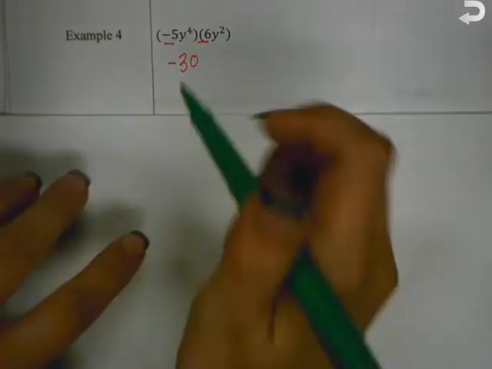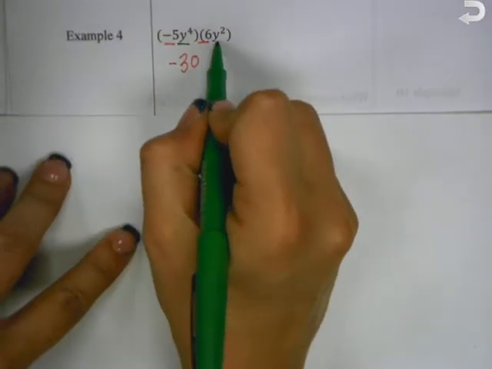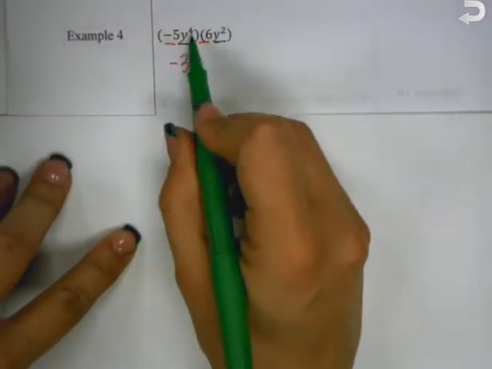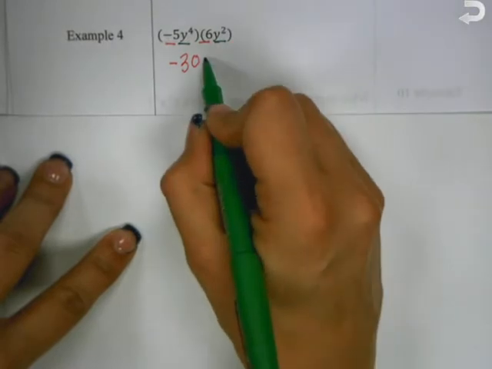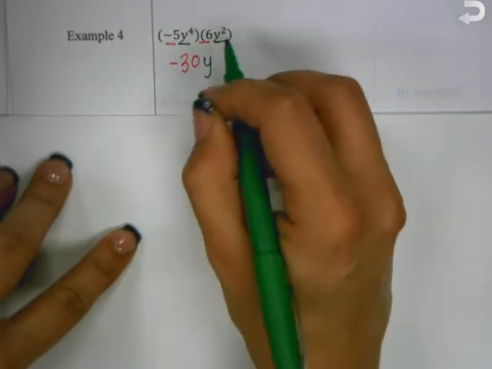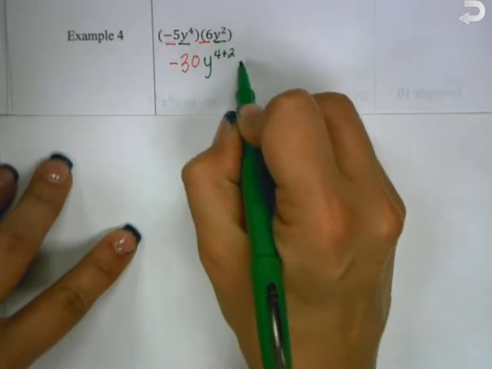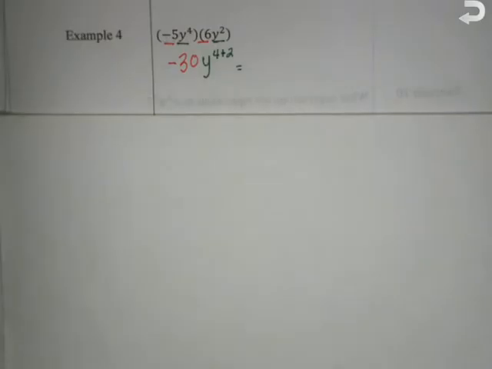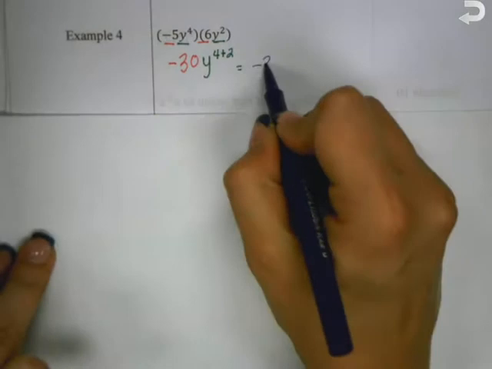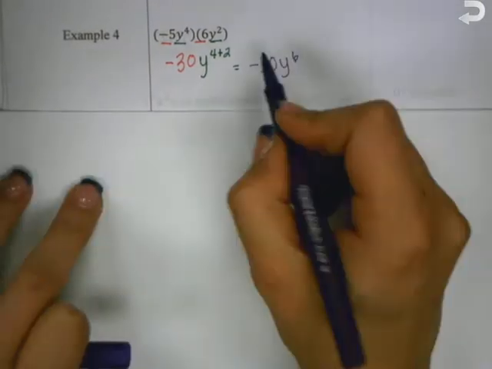What do I do with those exponents? I add the exponents, so that's going to give me y to the 4 plus 2. So what is my answer, Robert? Negative 30y to the 6. Very good, a negative times a positive. You guys are so smart. You're getting ahead of me.